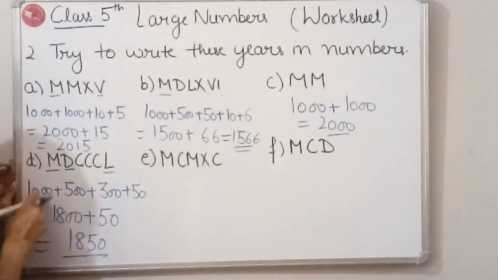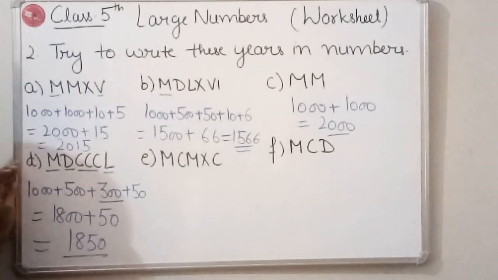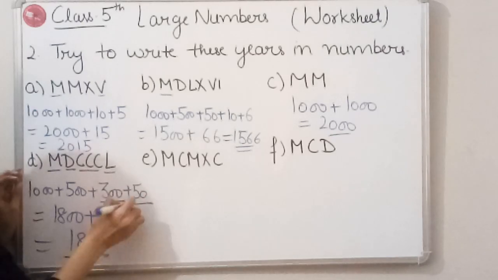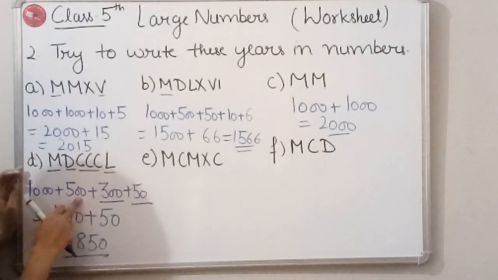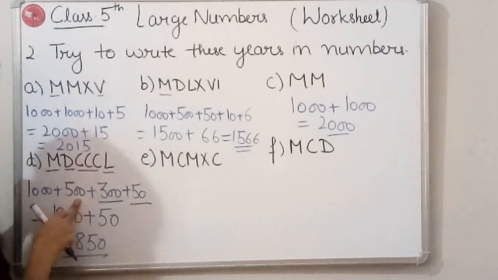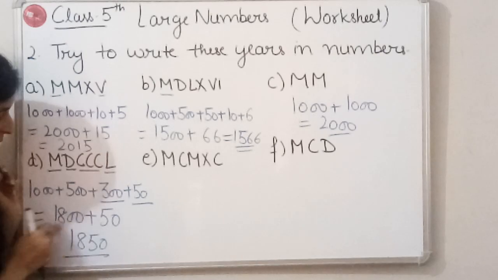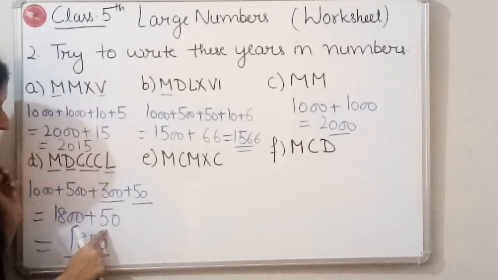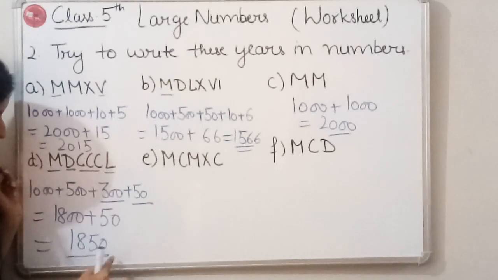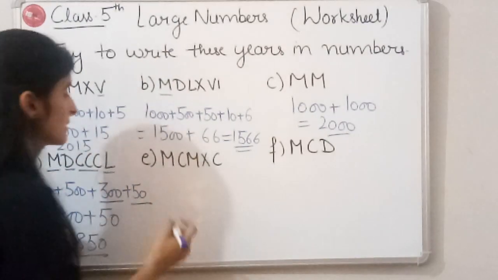M is for 1000. D is 500. C is 300. L is 50. 1000 plus 500 is 1500. 1500 plus 300 is 1800. 1800 plus 50 is 1850. Clear?